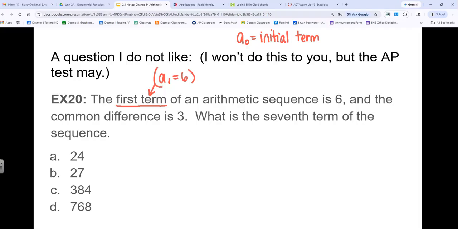So our common difference is 3. What are we doing? Multiplying by 3 or adding 3? Adding 3. Which 2 do you think we can probably throw out? C and D look like they probably had you multiplying there, right?